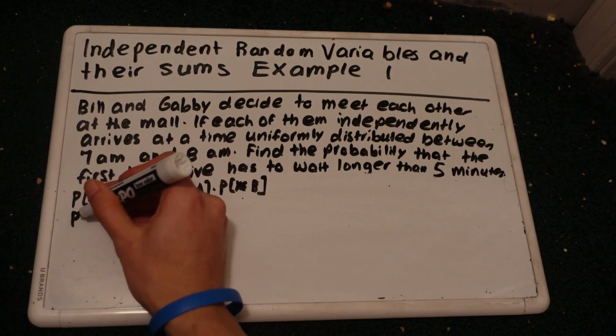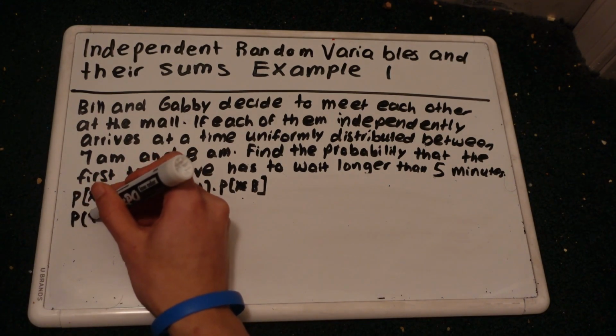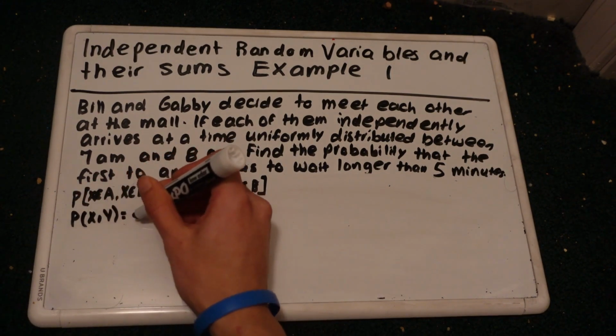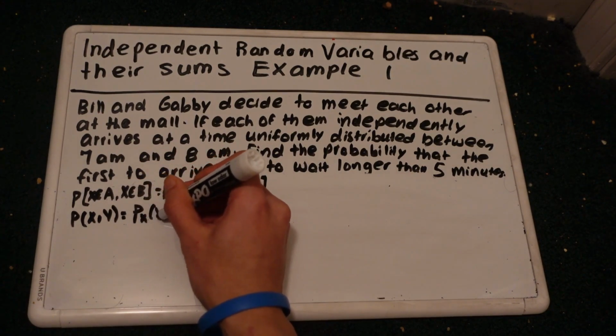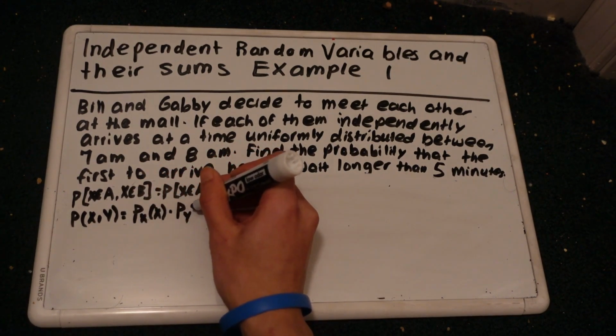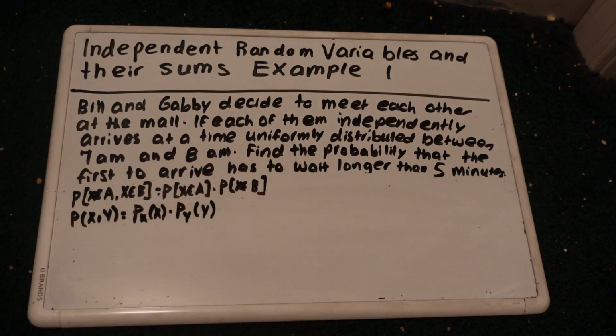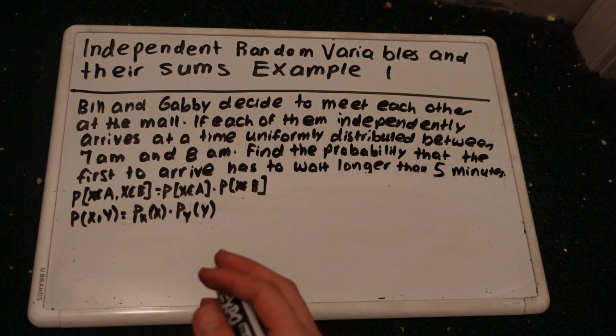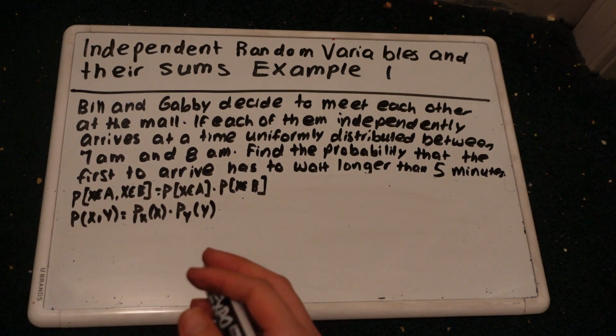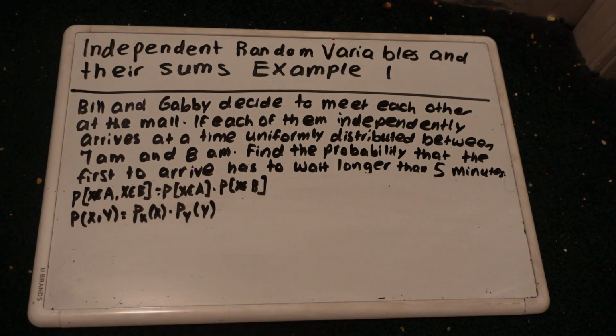One of them is that the probability of x and y is equal to the probability of x times the probability of y. This is a joint density function if x and y are independent discrete random variables with probability mass functions p of x and p of y. So this is for independent discrete random variables. And there's also a continuous one.